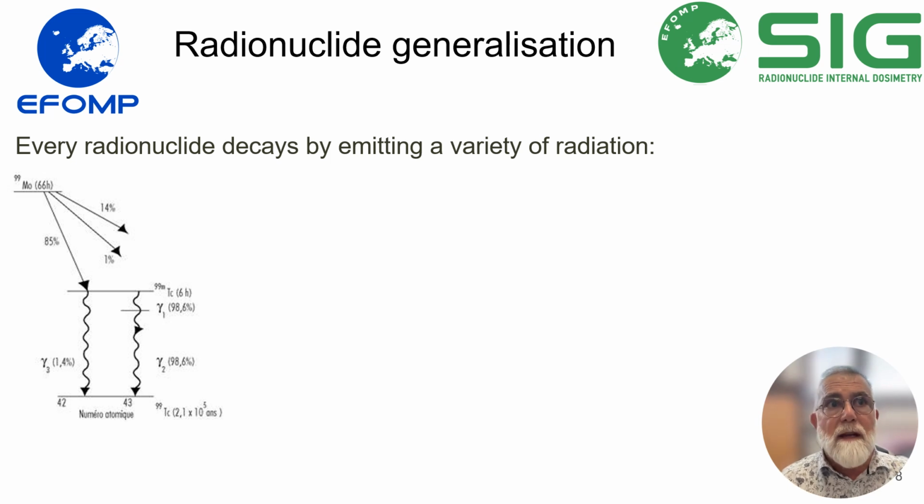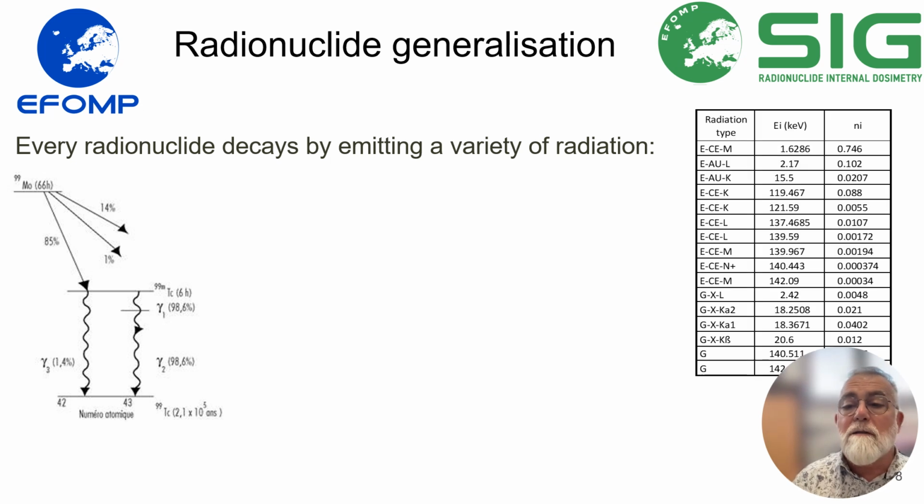Then this was made for monoenergetic emission, but obviously in real life you have, in a radionuclide decay, emission of a range of radiation of different energies and different particles. You can see here that for technetium-99m as an example. And obviously for dosimetry you have to take all these emissions into account.